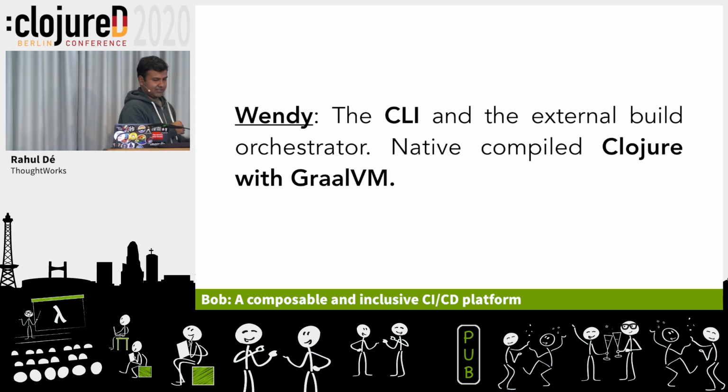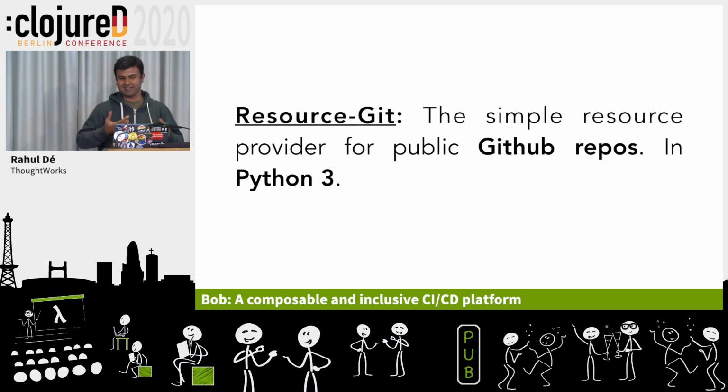So Wendy is available there. Wendy is the CLI here, and is written in Clojure compiled with GraalVM because CLI, right? And also Wendy orchestrates Bob externally, right? How to do things. So there's resource-git. It's a simple Python 3 server that can handle public GitHub repositories.